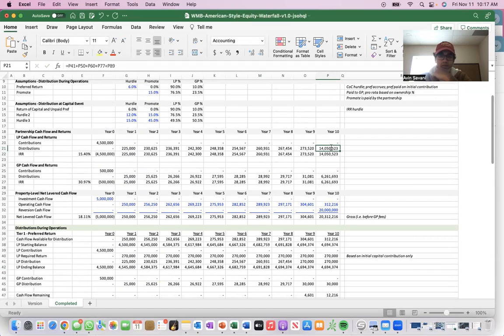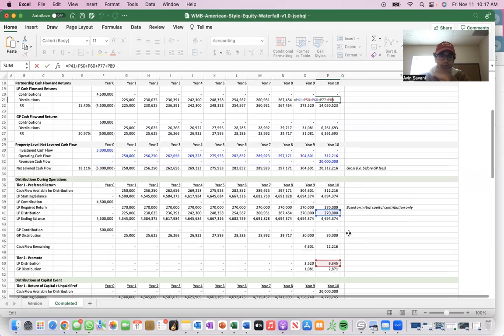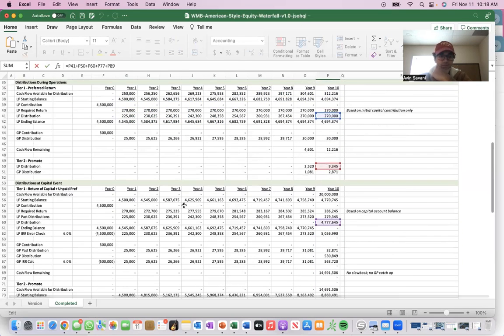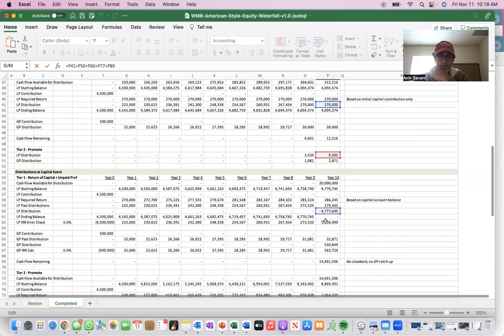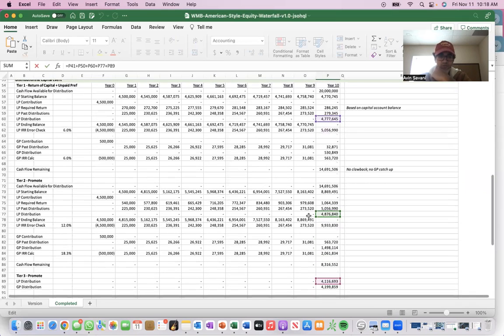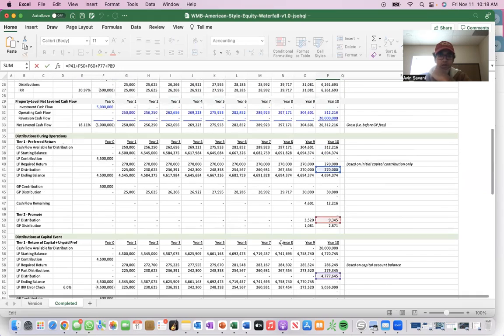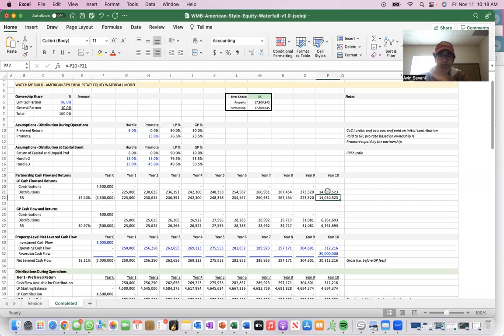So what is that including? If you look down here, it's the LP distribution during the operations, the tier 2 promote from the operations, the distribution at capital event for the LP, the tier 2 promote from capital event, and then the tier 3 promote from capital event. So all of that is just displayed here.